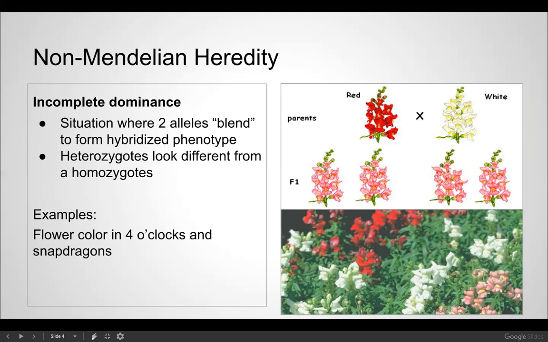So it's a situation where two alleles blend to form a hybridized phenotype. The pink plant that inherited a red allele and a white allele produces the pink color. Neither one is able to hide the other, more or less. Examples are four o'clocks and snapdragons in the plant world.